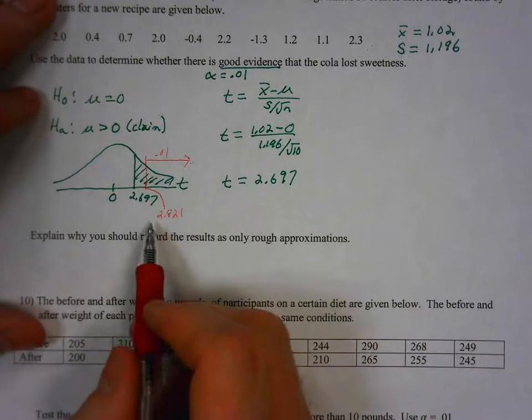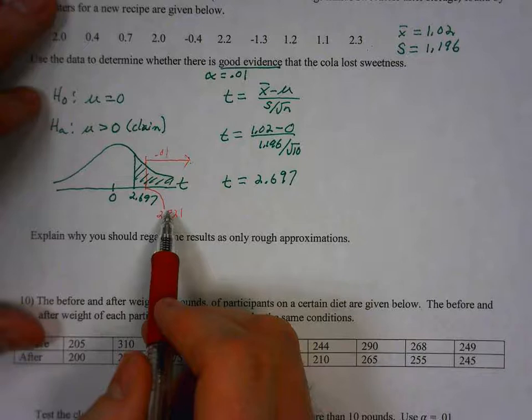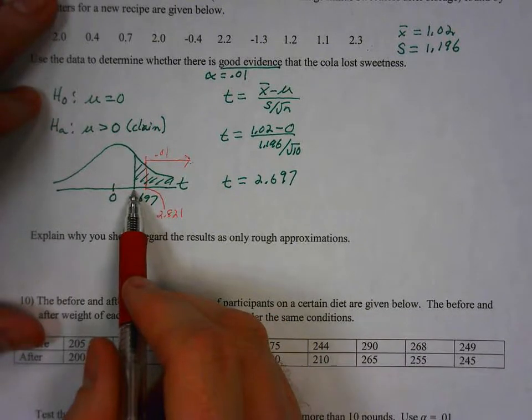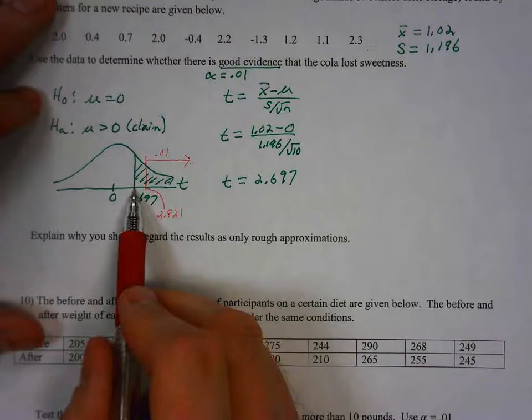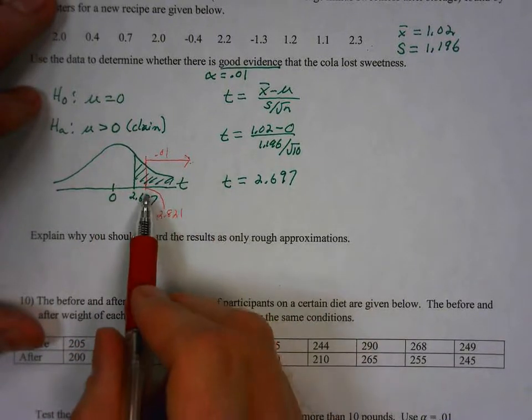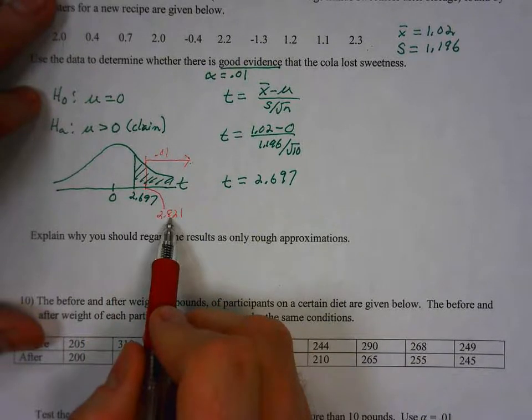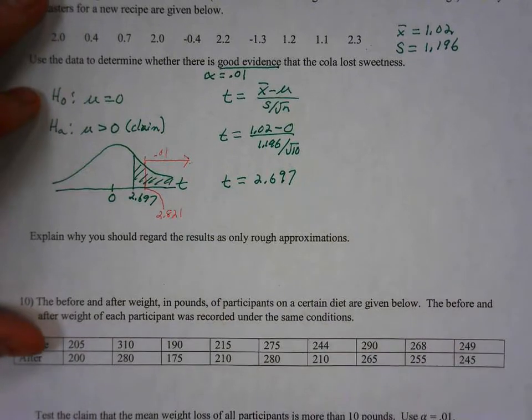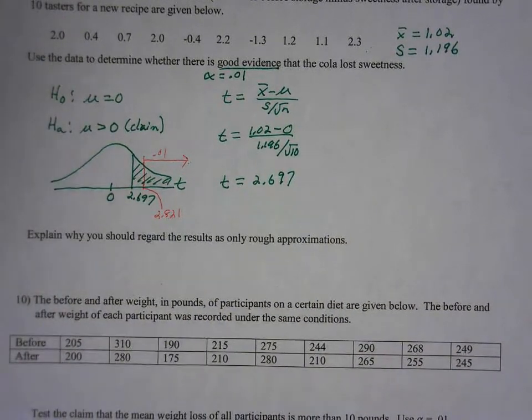So that is farther to the right than our test statistic. So when we ask, is our test statistic too far or too extreme from the center? Well, the answer there is no, because that test statistic is to the left of 2.821. So our decision is fail to reject H0.